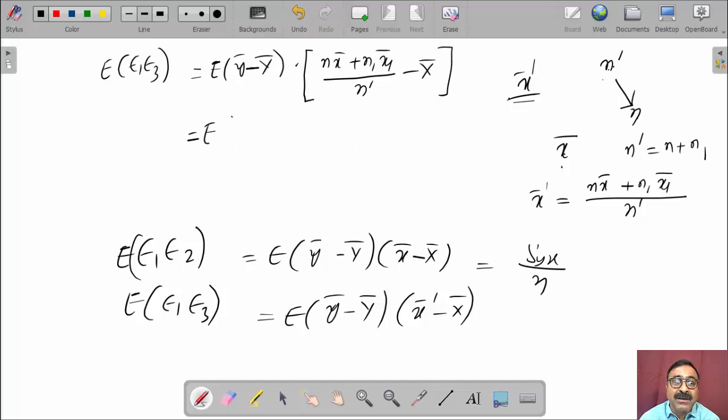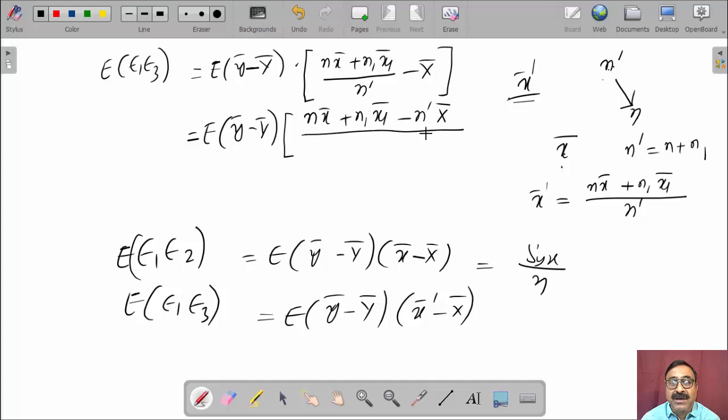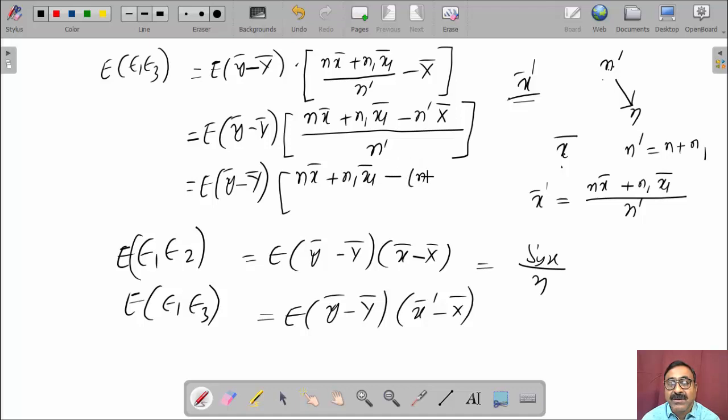So rewriting, this will be expectation of (y bar minus Y bar) into (n x bar plus n1 x1 bar minus n dash X bar) divided by n dash. So this will be expectation of (y bar minus Y bar) into (n x bar plus n1 x1 bar minus n dash X bar), where n dash equal to n plus n1, divided by n dash.